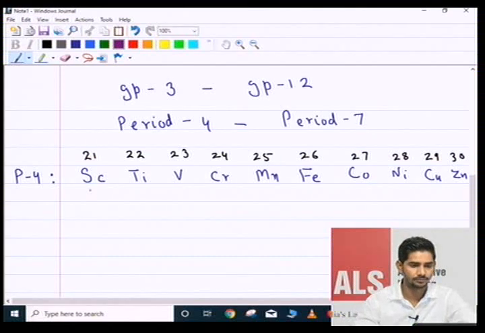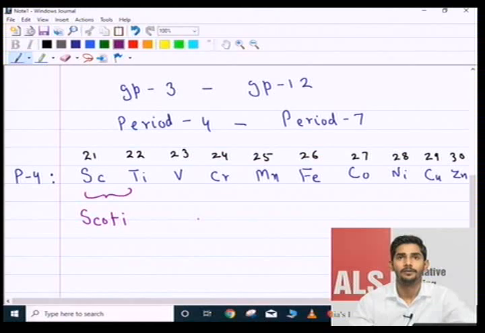So guys, this is the mnemonic for this one. This is your Scotty. Okay. Scotty is the name of a person.